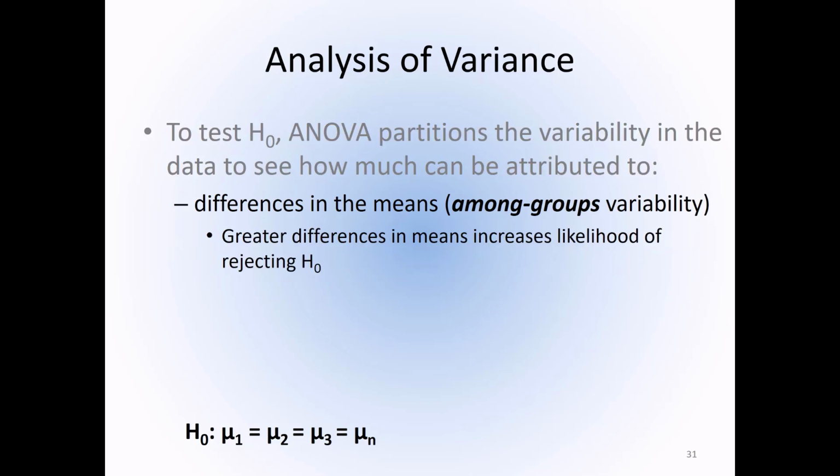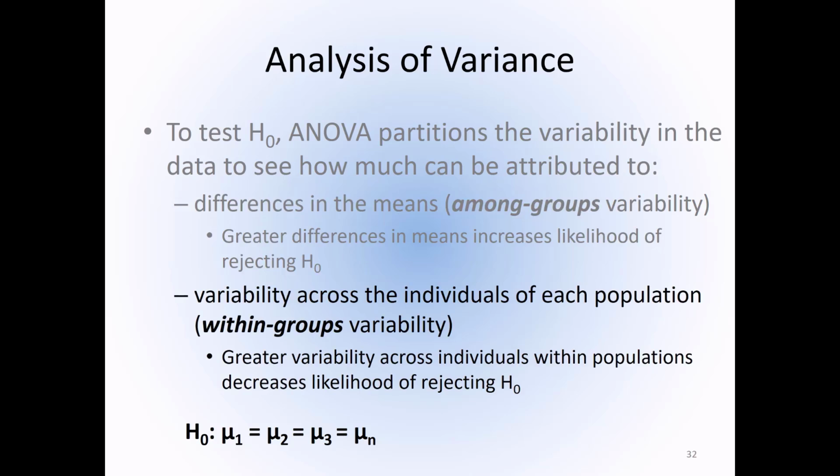So the greater the difference is across those different groups, the greater the likelihood we're going to have of rejecting the null hypothesis. If we have a lot of differences across our bay systems or across our salinity regimes, we're going to have a greater likelihood, more support for rejecting the null hypothesis.